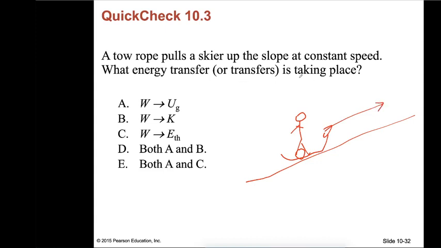So during this process, what energy is transferred into what other type of energy? Okay, actually, the rope is doing some work, and this work is making the position of the skier higher and higher, which means it's converted into gravitational potential energy.